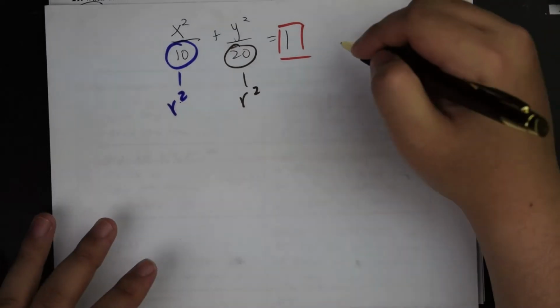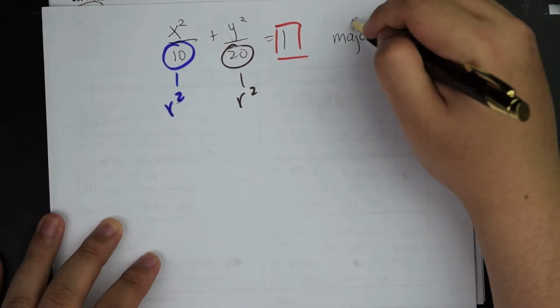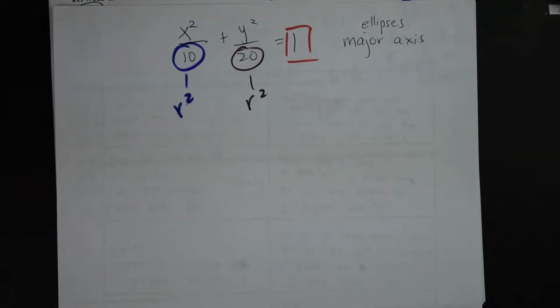It asks me what is the measurement of the major axis. This is only relevant to ellipses. When we're working with the major axis, we want to look at the bigger value, because major means the bigger value. If we look at x and y, specifically the blue and brown, the brown value is the bigger value.